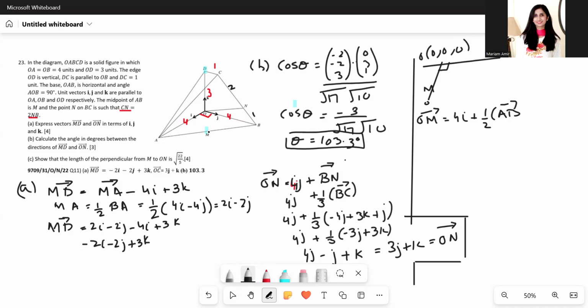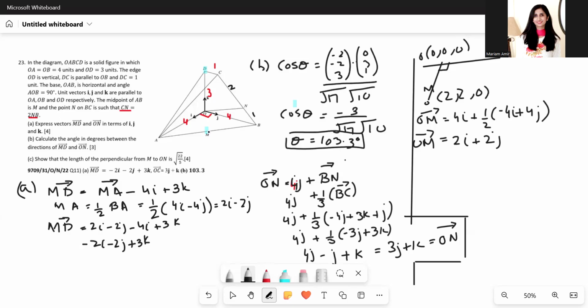And this was BA. We already know what BA is, or we can just calculate it from here. AB is -4i plus 4j. Okay. So OM simplified would be 4i minus 2i. So that's 2i plus 2j plus 0k. So the coordinates of M are then 2, 2, 0.